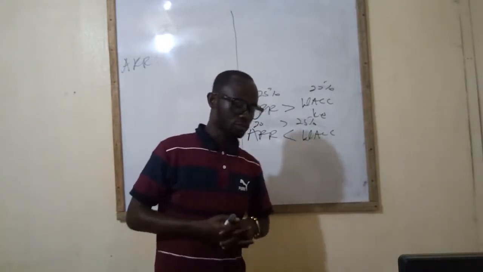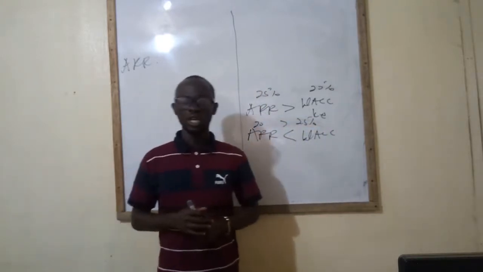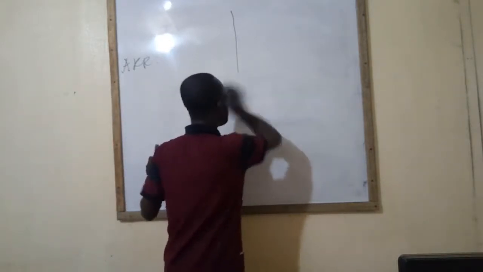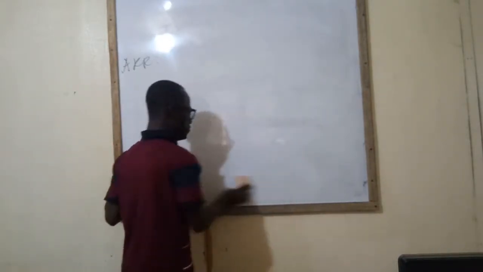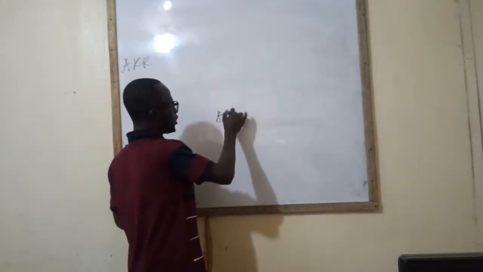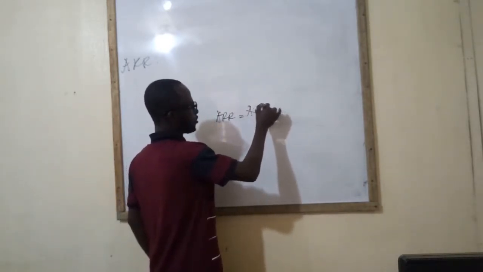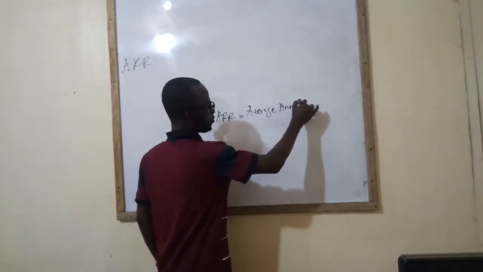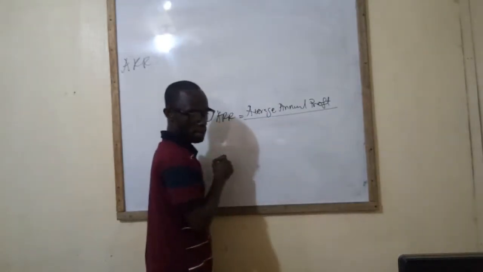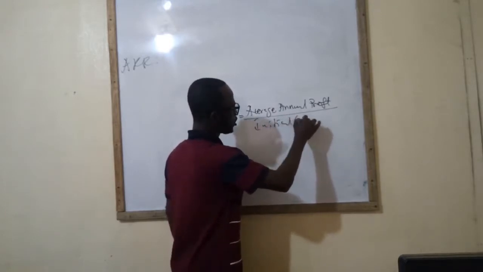Now, there are 2 methods or approaches that can be used in the calculation of the accounting rate of return. Let me put them down and explain them briefly. We can calculate it using the formula: average annual profit divided by initial capital cost.